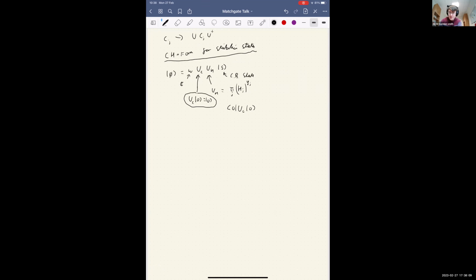Whereas if U_C did not map 0 to 0, you would lose the phase information, and this lets you do phase-sensitive stabilizer computation. So, it turns out that you can do something very similar in the FLO case.